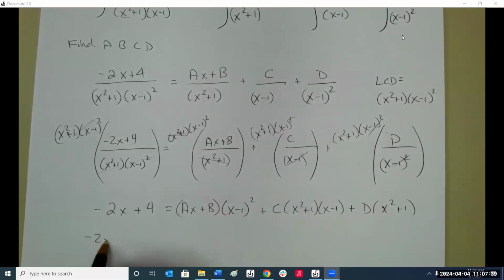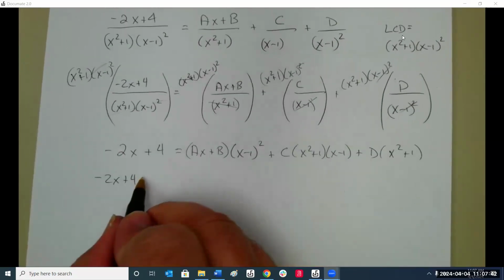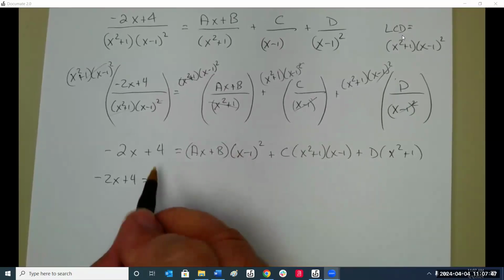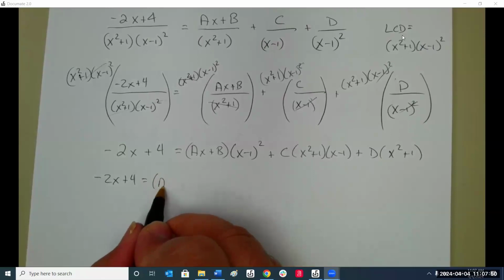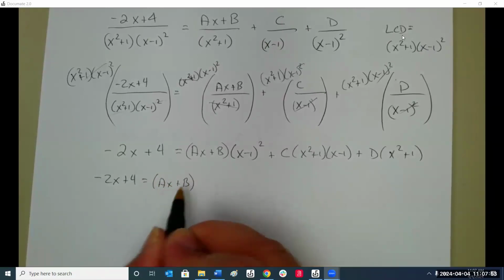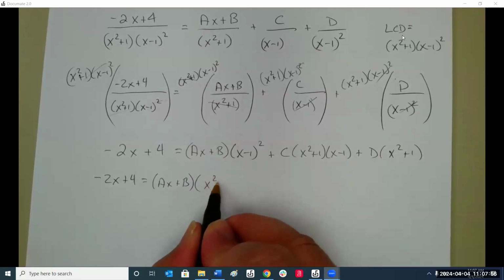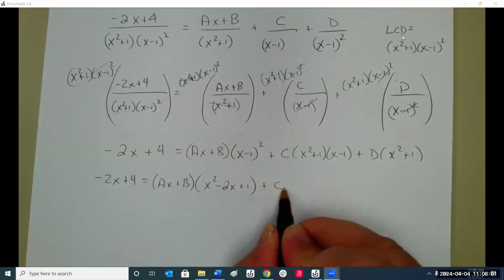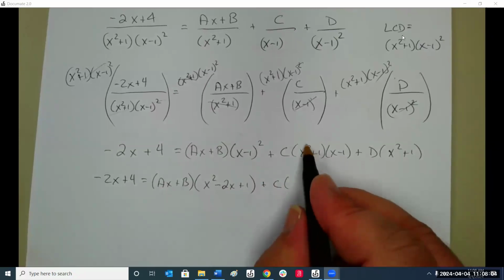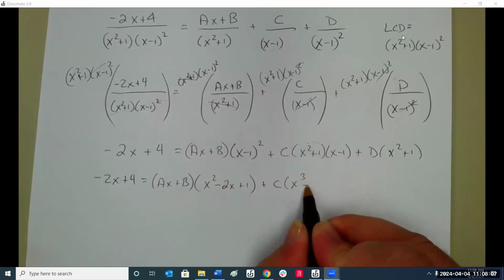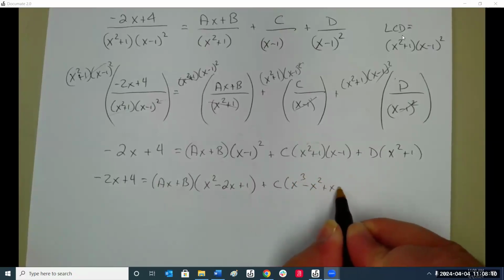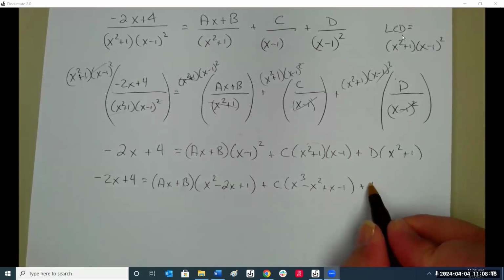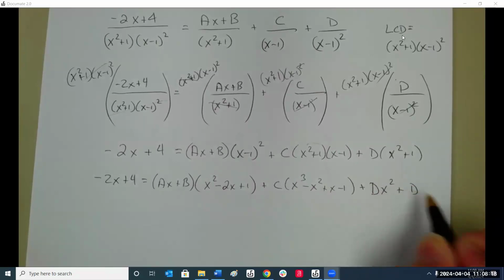So we have negative 2x plus 4 equals ax plus b. This one becomes x squared minus 2x plus 1. FOIL these, we get x cubed minus x squared plus x minus 1. And we get dx squared plus d.